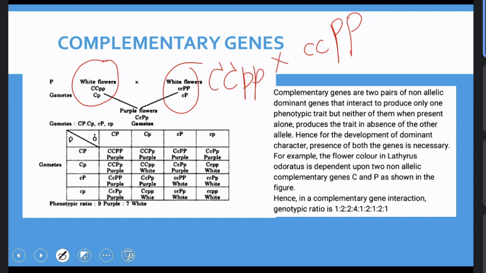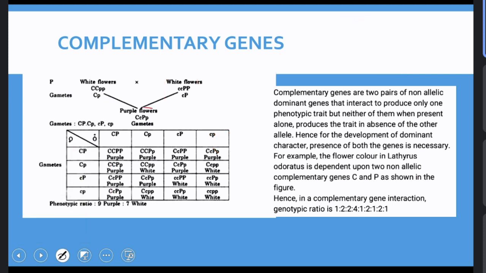When these were crossed, they gave rise to gametes capital C, small p, and small c, capital P. When these gametes fertilized, the resultant F1 individual will have a capital C, small c, capital P, small p genotype. And this genotype results in a purple colored phenotype.